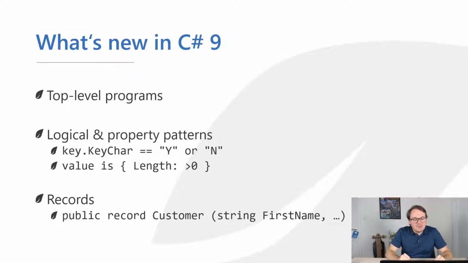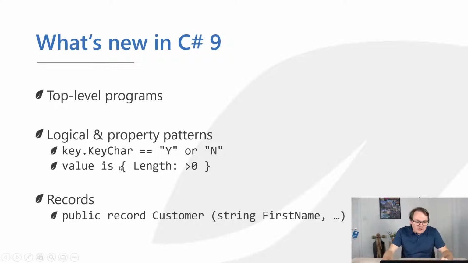Also, there's a property pattern, so you can use the value is and the curly braces, which means that it's some kind of object. It's not null, basically. And also, into these curly braces, you can now write conditions. So the second example is basically equivalent to the well-known method string.IsNullOrEmpty.